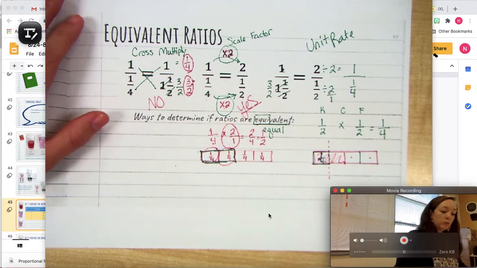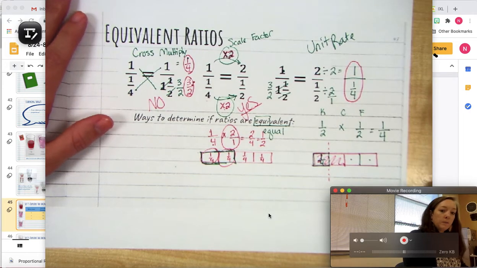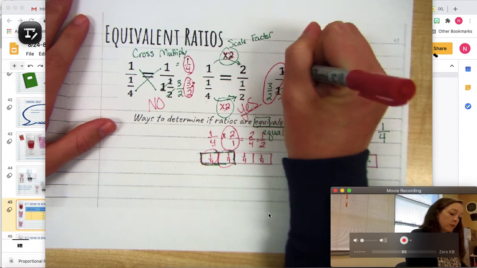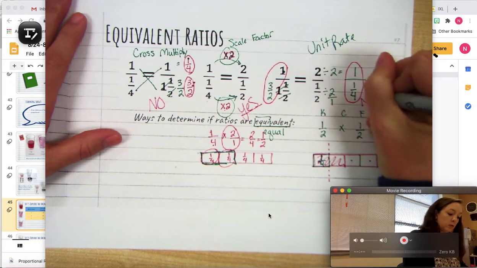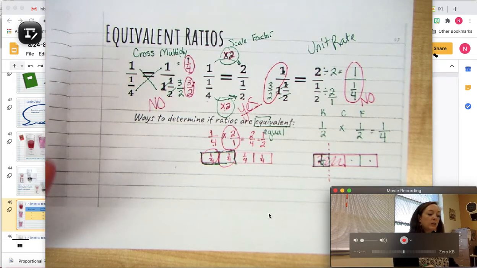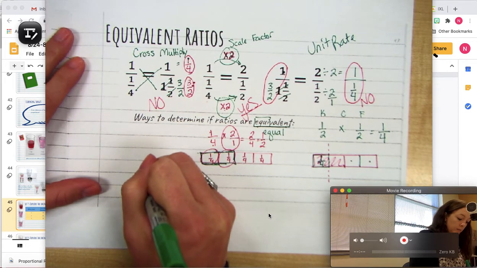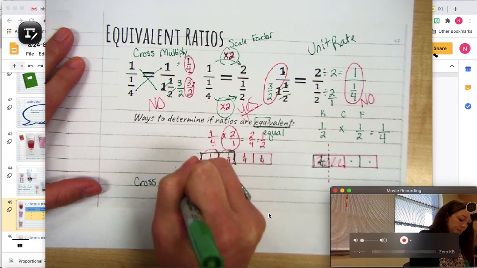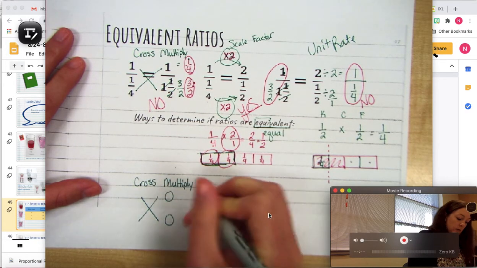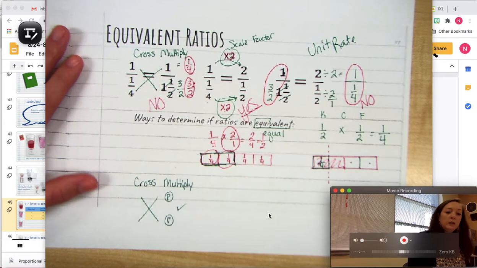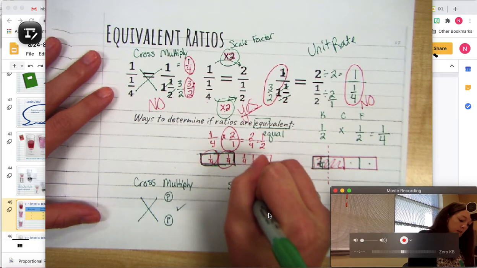Okay, so we found the unit rate here, 1 over 1/4. And then I have this other fraction, 1 over 3/2. Are these two fractions equivalent? No. Okay, so there's 3 methods. We can do cross multiplying, and if our product is the same, then it would be equivalent. We can use the scale factor method.